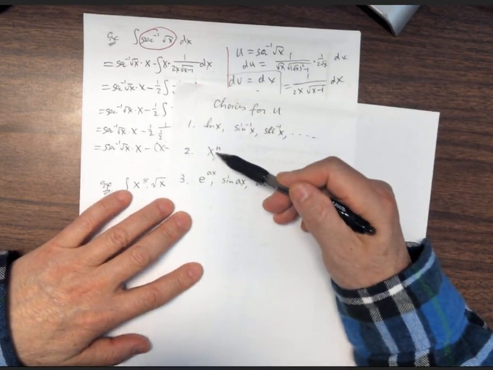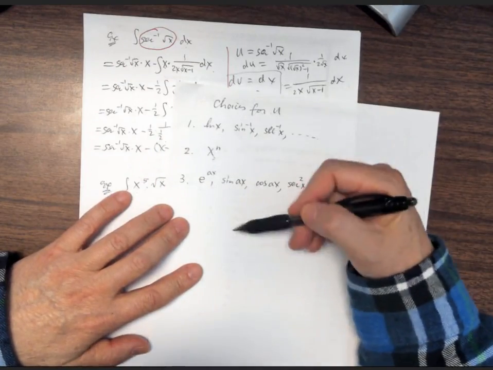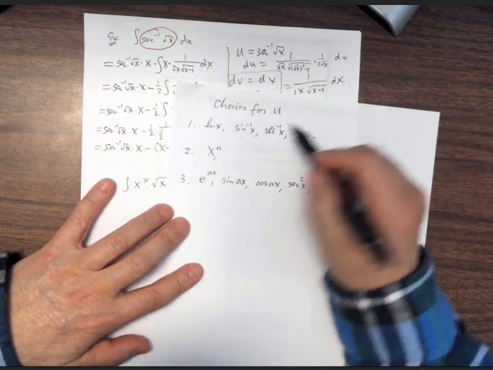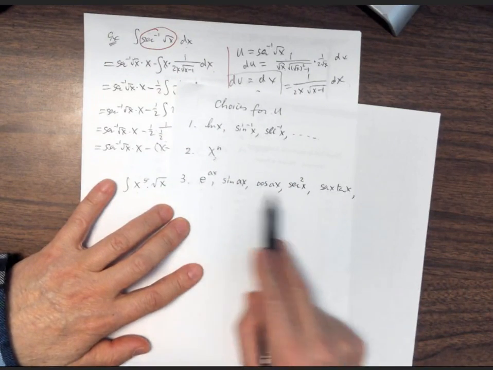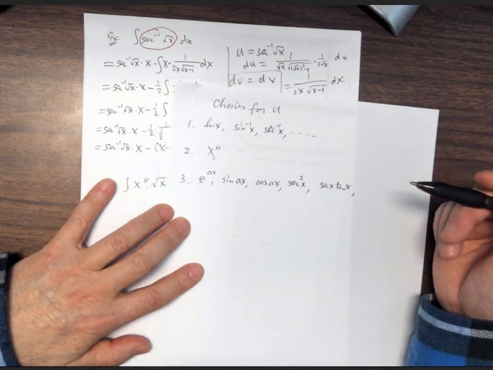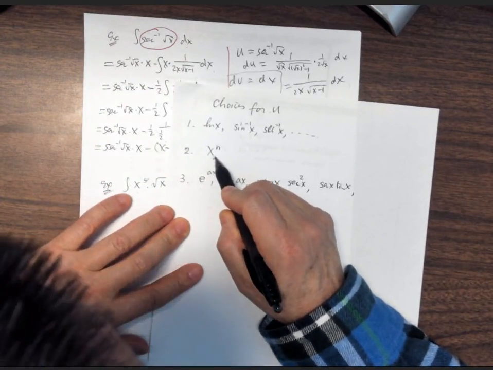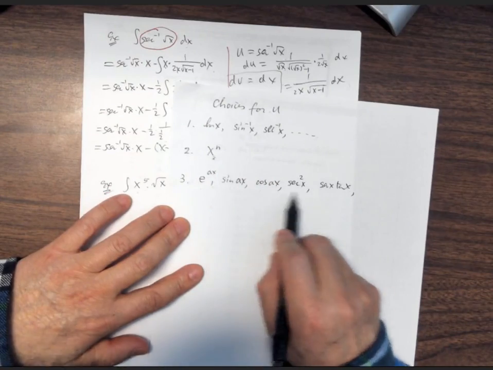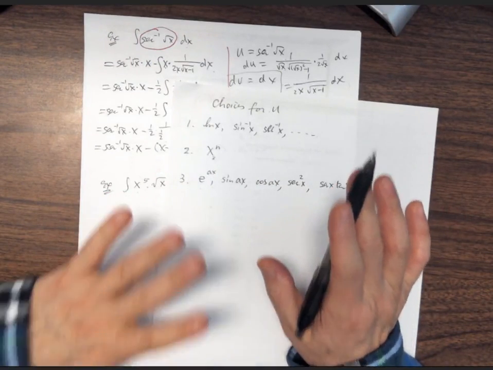If you have a power and one of those guys, again, you do integration by parts. Or maybe you have one from the first group and one from the last group, you do integration by parts, but not both from the second group. Both from the third group, it's possible. All I can say is possible.